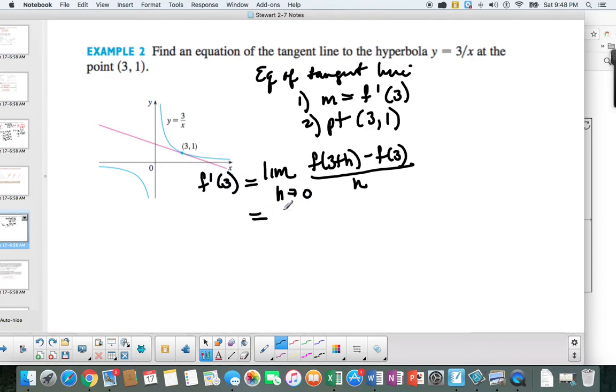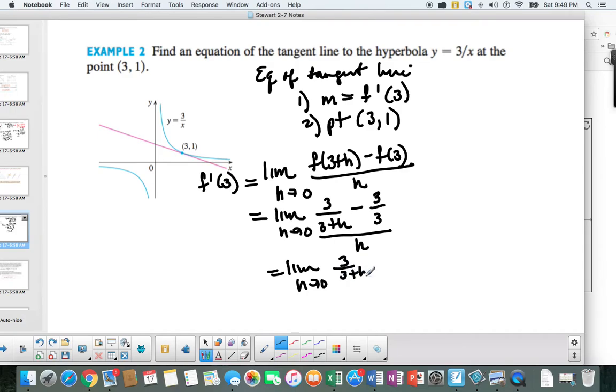And then I'm going to put 3 plus h into the equation, so this is the limit as h approaches 0 of 3 over 3 plus h minus 3 over 3, all over h. So this is the limit as h approaches 0 of 3 over 3 plus h minus 1, all over h. Now I'm going to get a common denominator, so I'm going to multiply by 3 plus h over 3 plus h right here.